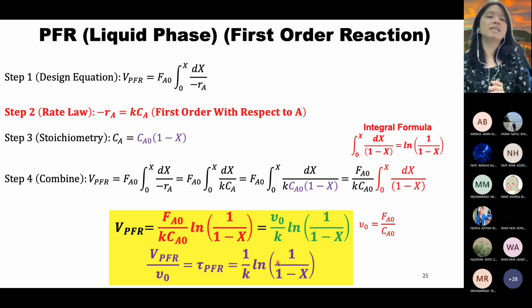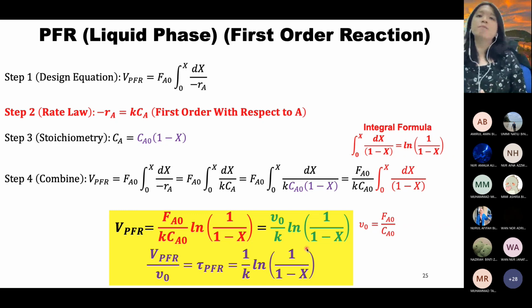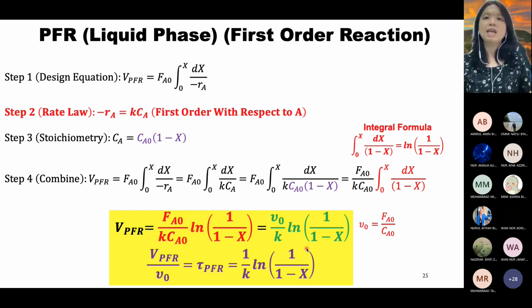Therefore, on my right-hand side, tinggallah 1 per K ln in bracket 1 per 1 minus X. Sebab epsilon naught tu saya dah pindahkan. Meaning to say, you can also use this equation, the third form, to find the space-time.